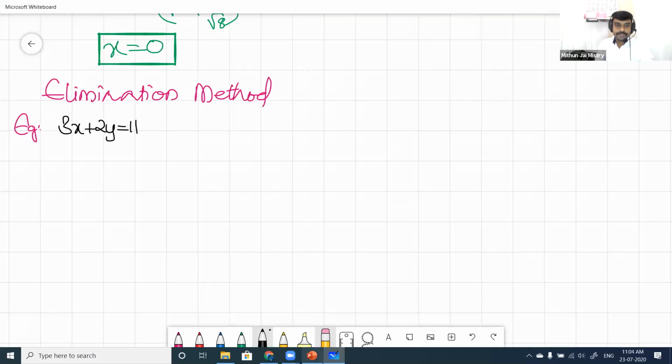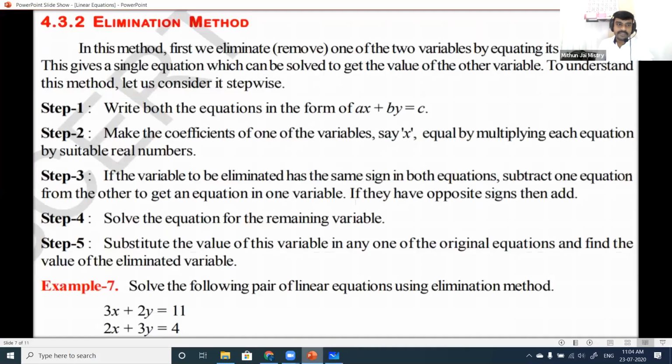That's the first equation. Second equation is 2x plus 3y is equal to 4. That's given. The question is: solve the following pair of linear equations using the elimination method.